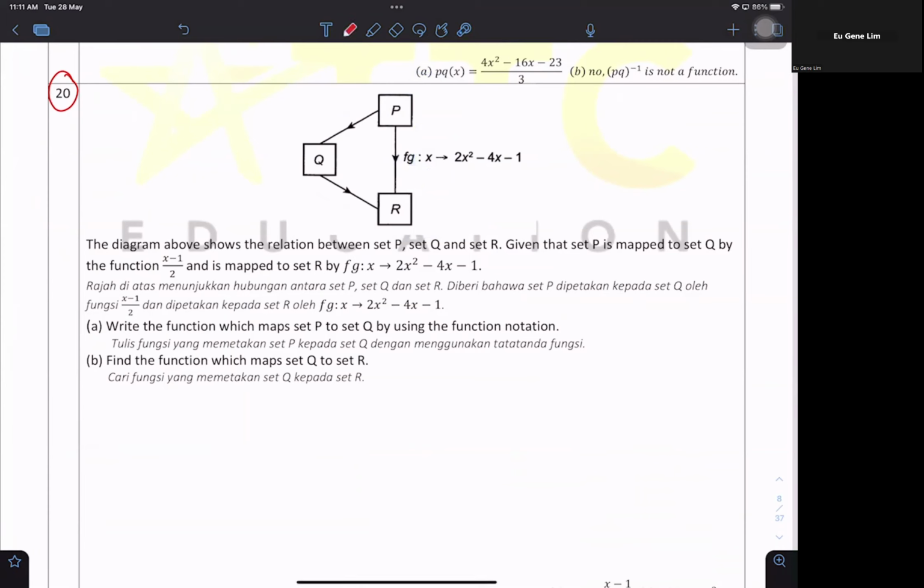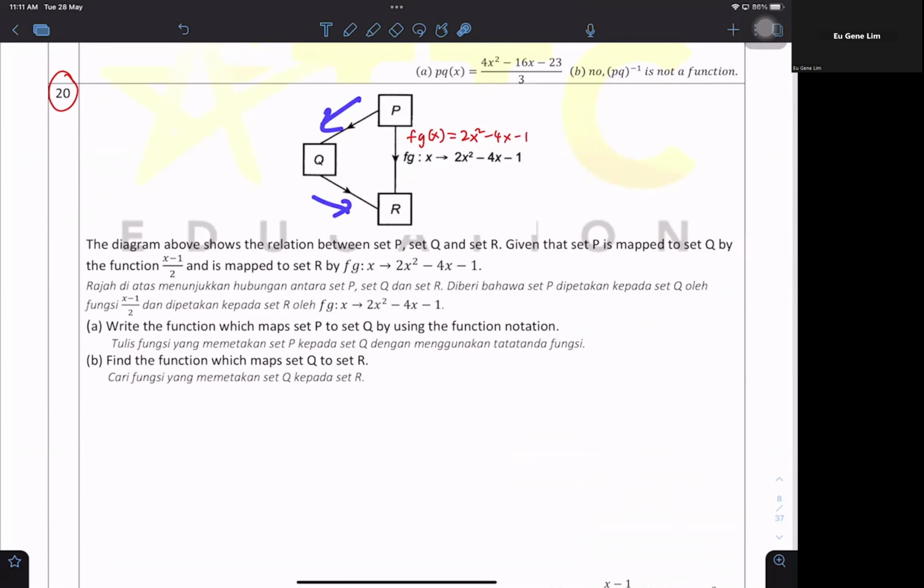This part is FGX, which is 2x squared minus 4x minus 1. Then can you tell me what is here and here? Because this is FG, so here and here must be also F and G, right?